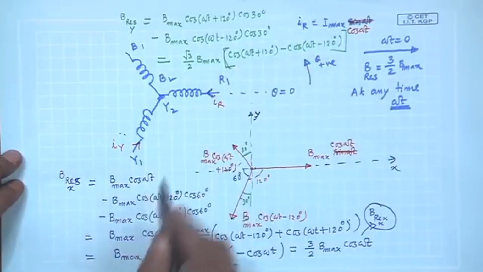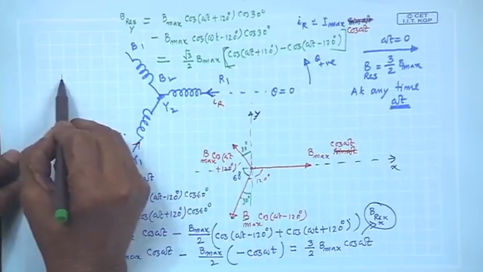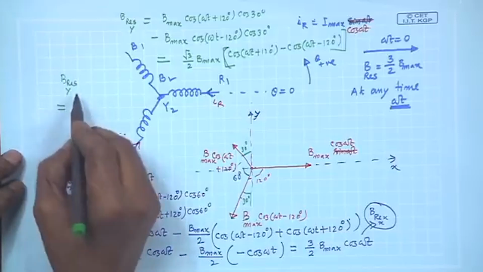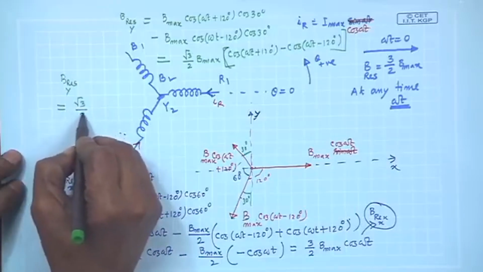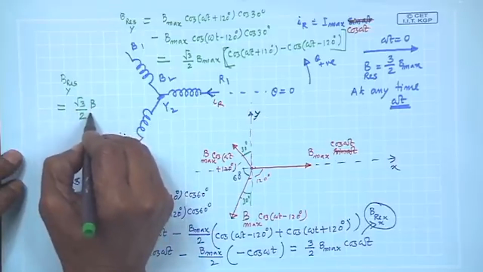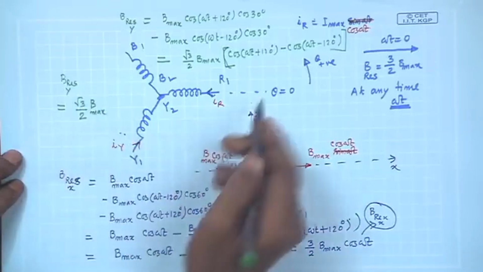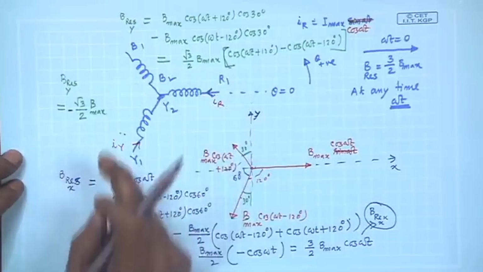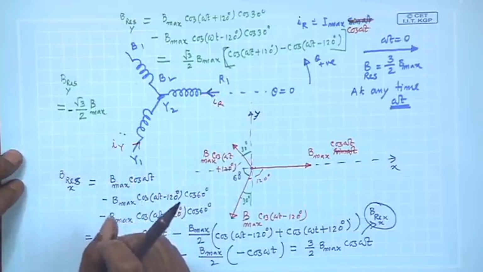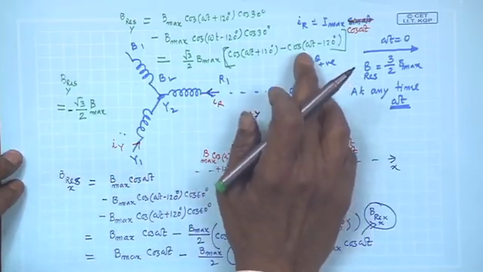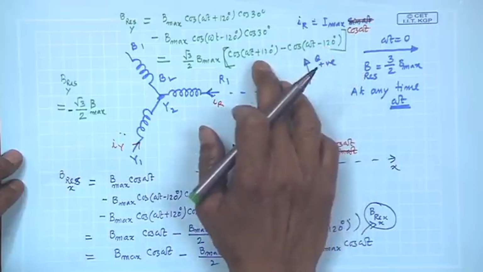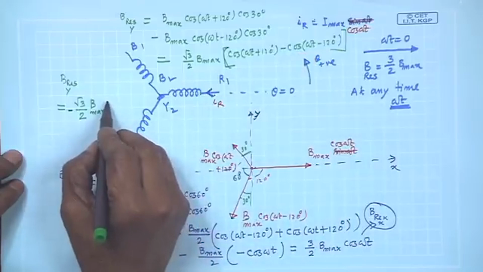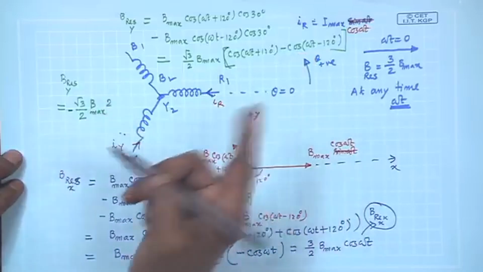So, this will be the thing, and B resultant y will be root 3 by 2 B max. This one you take this negative sign common, and you will be having cos A minus B minus cos A plus B, which means 2 sin A sin B.